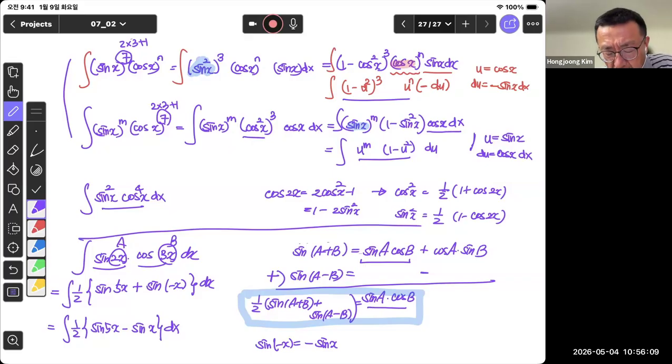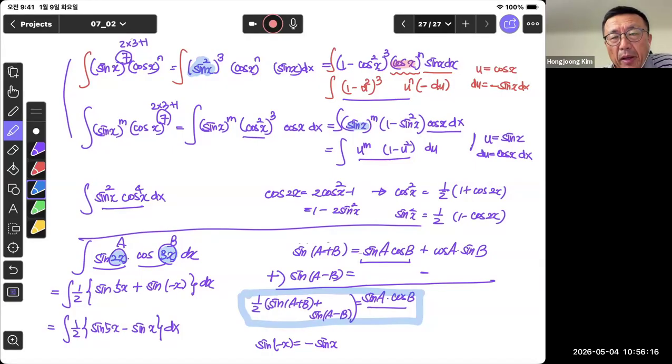So if the angles are different, then depending on the product, if you have sine times sine or cosine times cosine, you need to think of the expansion formula for the cosine. If you have sine times cosine but with different angles, then you need to think about the sine formula.